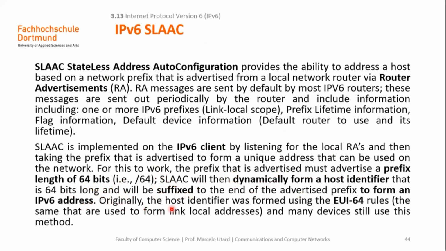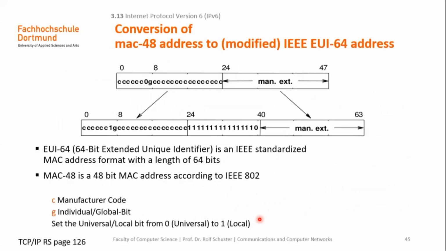Originally, the host ID was formed using the EUI-64 rules, the same rules used to form link local addresses, and many devices still use this method. This is the way a host could perform the conversion of the 48-bit MAC address to the 64-bit extended unique ID address.